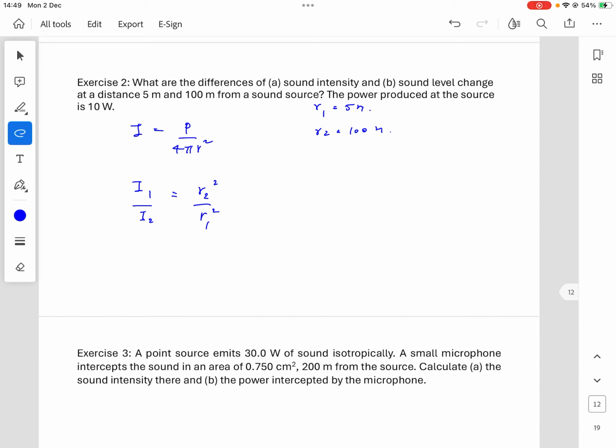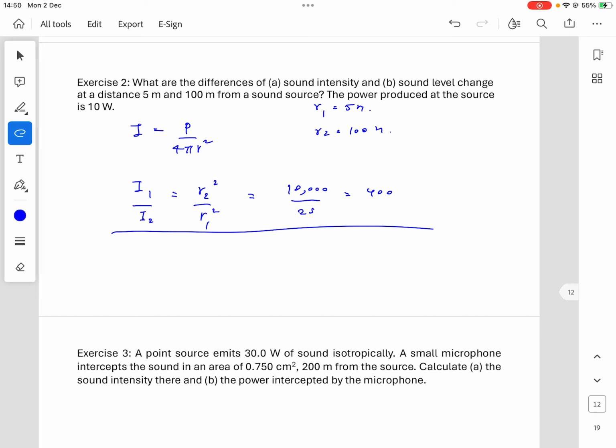In this case, you can compare the ratio. That is 100 squared, which is 10,000, divided by 5 squared, which is 25. This is quite a big difference. That's 400 times, right? Yes, 400 times.